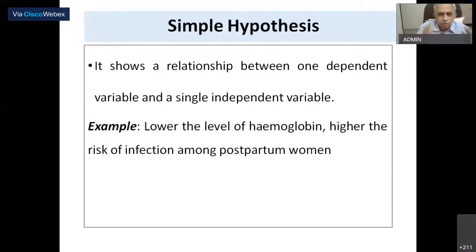So on one side you have mothers who are in the postpartum period, on the other side you have the hemoglobin level. So you group them, hemoglobin high, low, middle, whatever grouping, and see how many had infection, how many did not have infection. Then you say whether there is any relation or not.